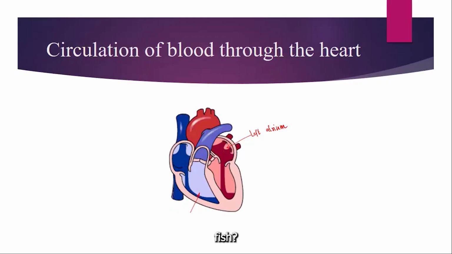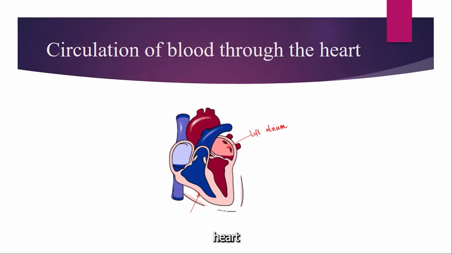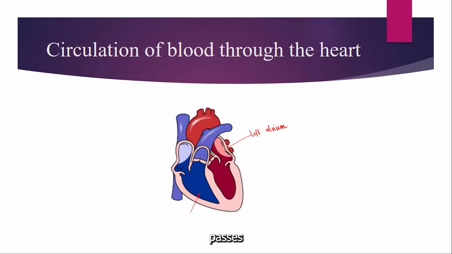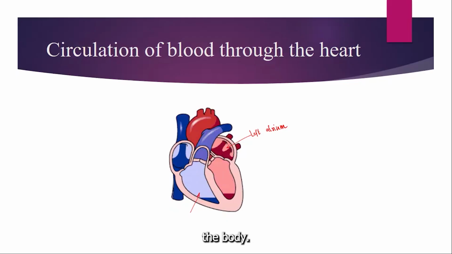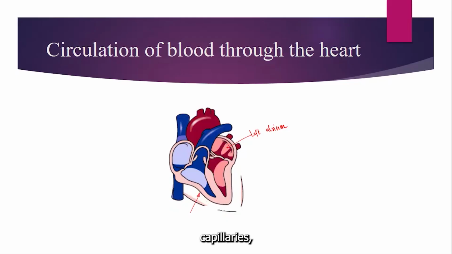But what about fish? Fish, on the other hand, have only two chambers in their hearts, and blood is pumped to the gills, oxygenated there, and passes directly to the rest of the body. Arteries with thick elastic walls carry blood away from the heart to various organs of the body through capillaries.